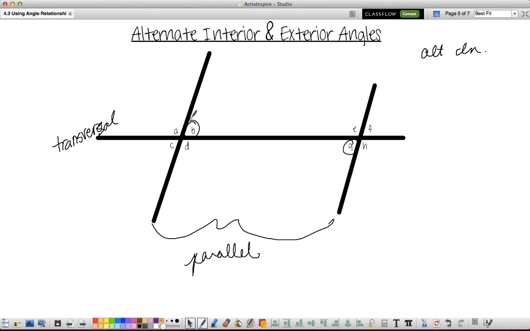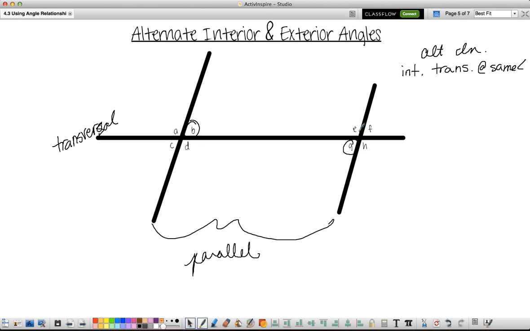Well, I know that since these lines are parallel, they have to intersect the transversal at the same angle. Since they intersect this transversal at the same angle, then their angles in some way, shape, or form have to be congruent.